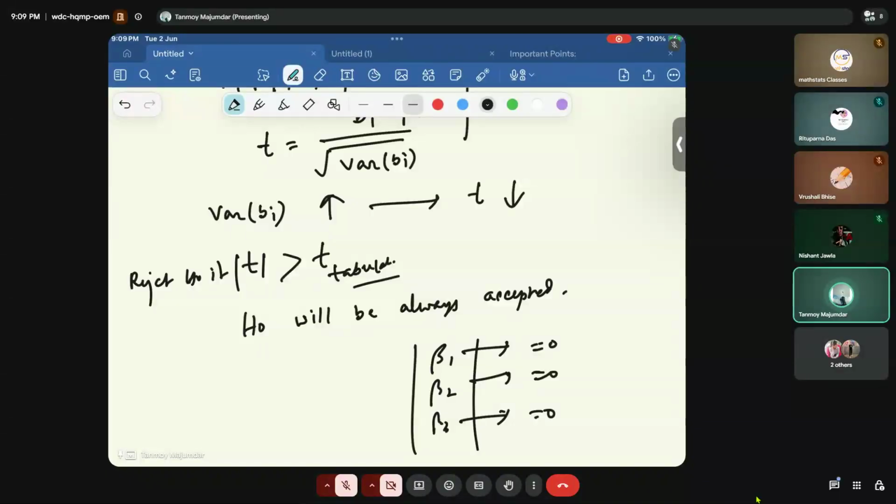If beta 1 is failed to be rejected, matlab beta 1 is equals to 0, that means the variable is not required. The regression coefficient of that particular variable does not influence the model. मॉडल में उसका कोई इंपॉर्टेंस नहीं है.